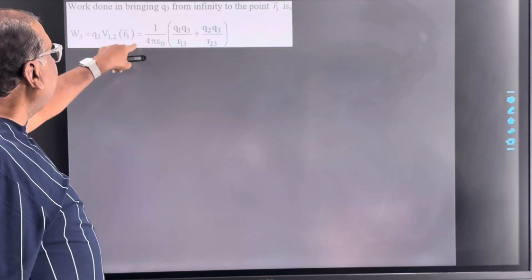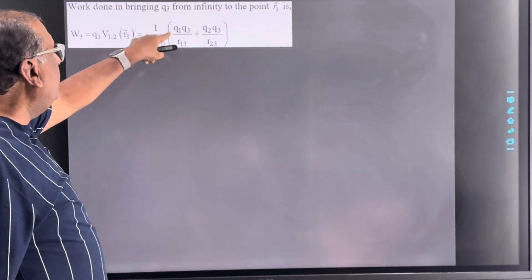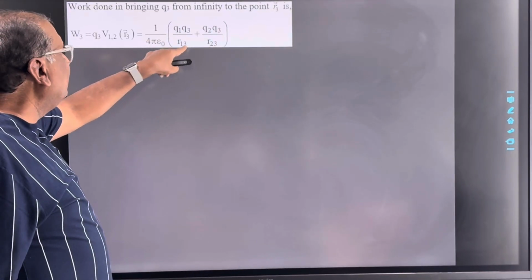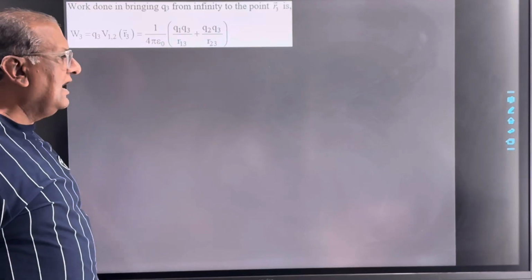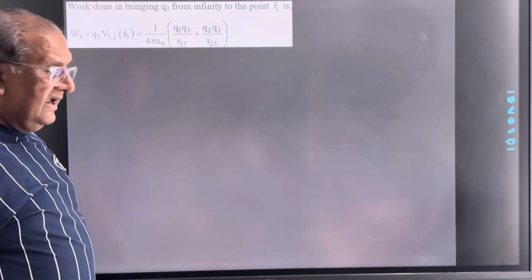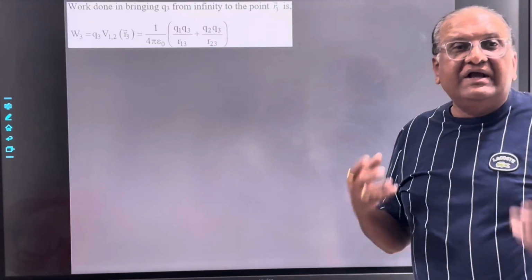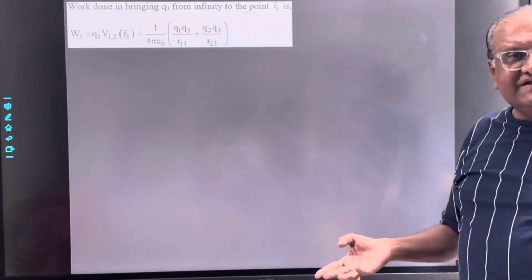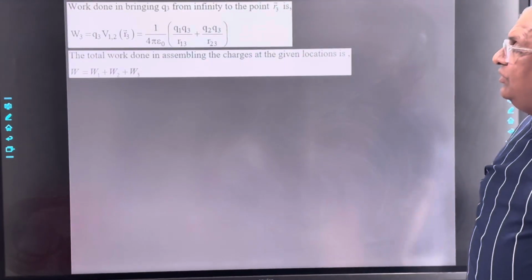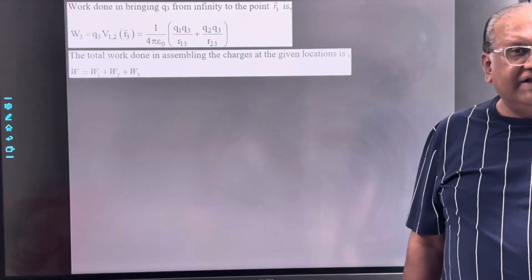So we can write 1 upon 4 pi epsilon 0 Q1 Q3 upon R13 plus Q2 Q3 upon R23. And now this total work done to assemble the system of three charges will be stored in it in the form of potential energy.